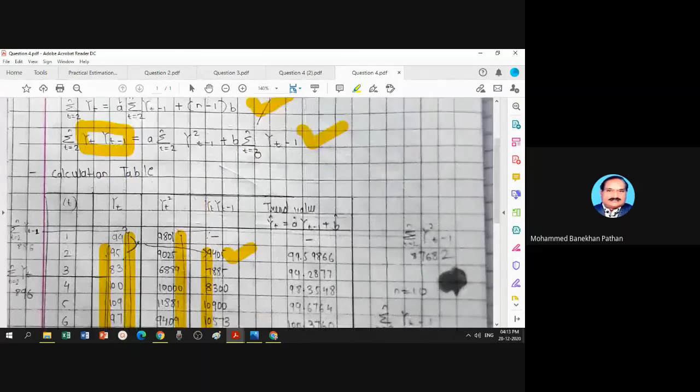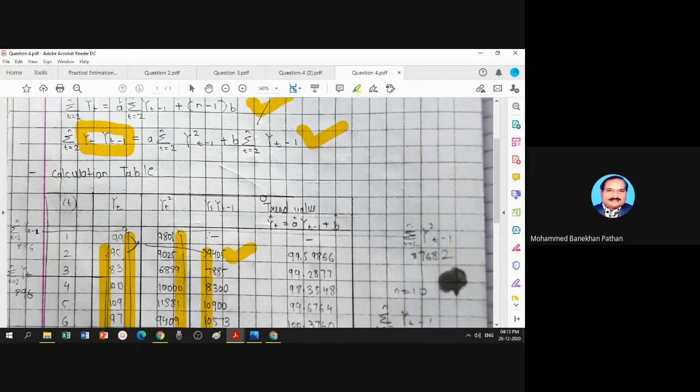Here. If I take t as 2, it should start from 1. If I put n here, it stops at n minus 1. So 1 to n minus 1, the answer is here. Here yt 2 to n, so this answer. This total is for the first equation, and this total is for the second equation.